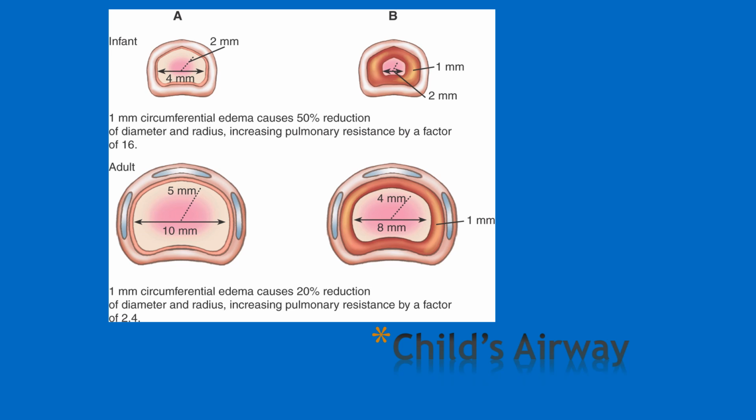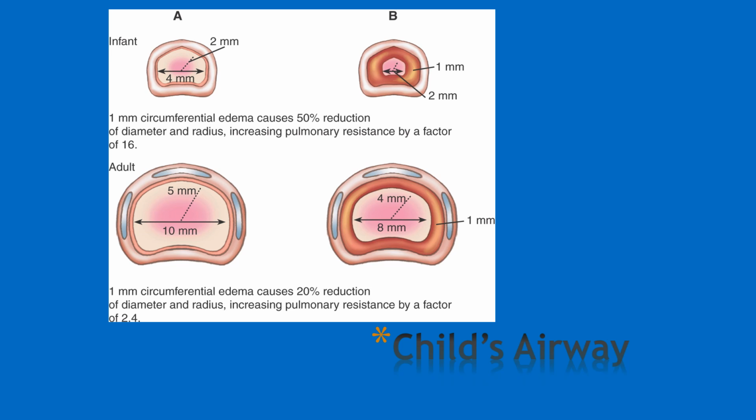Let's look at this picture. So as you can see, if you look at the picture in column A, that's a patent airway of a child, and underneath it is a patent airway of an adult. And then picture B, or column B, shows just 1 millimeter of swelling.